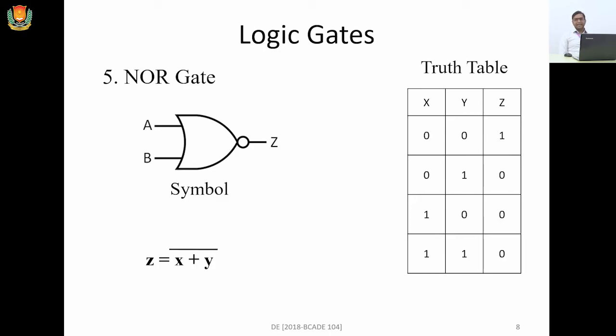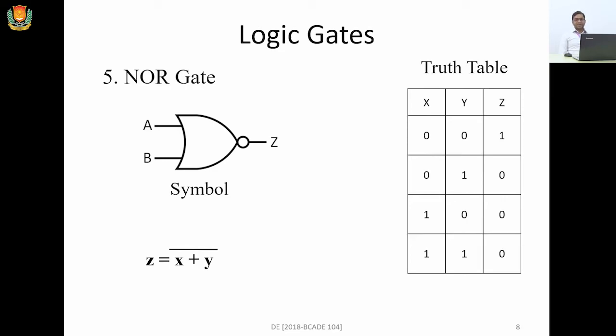Yes, the NAND gate and NOR gate are the combination of AND plus NOT and OR plus NOT. But these logic gates are called universal logic gates. What is the meaning of universal logic gate? It means you can realize any logic gate with the help of only the NAND gate or only the NOR gate.